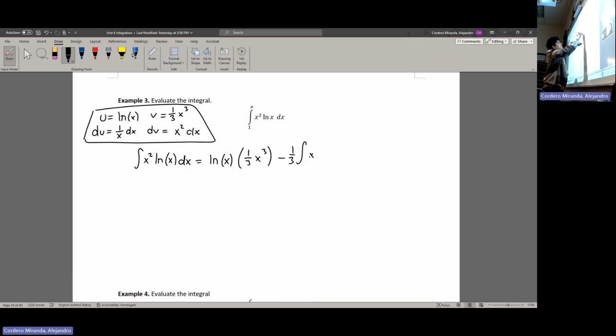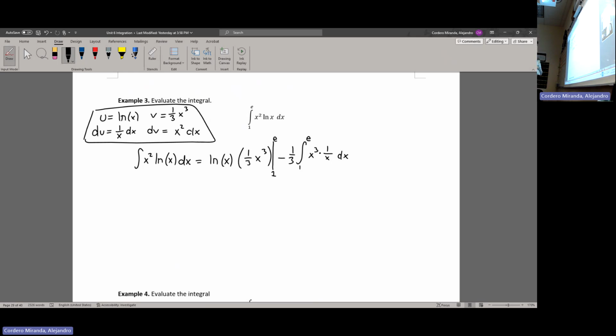And then don't forget really quick that this was a definite integral. So into all these x's, I'm going to be plugging in 1 and e. And this integral right here is still a definite integral, 1 and e. Whatever you get at the end, you'll evaluate it at e and 1.